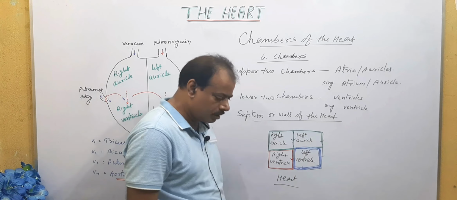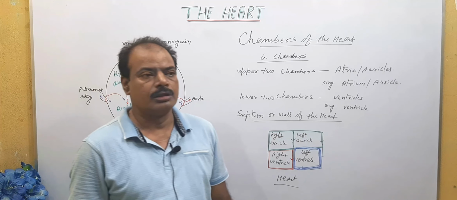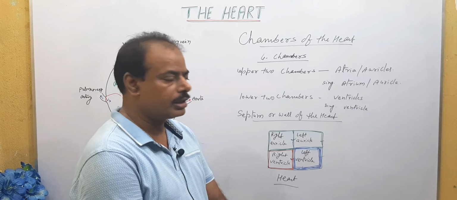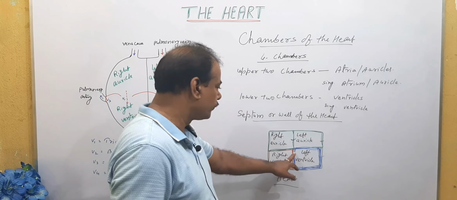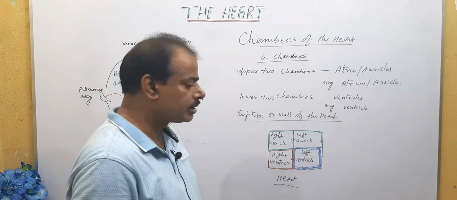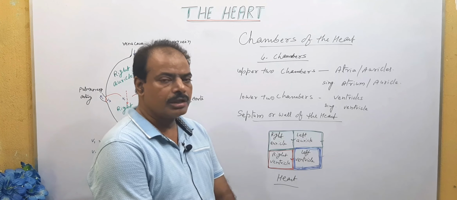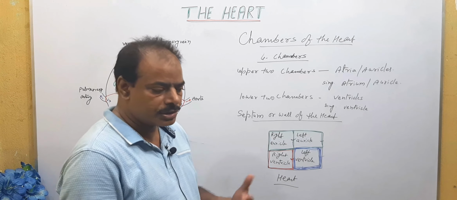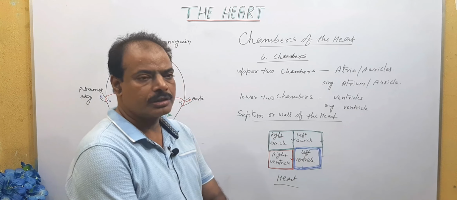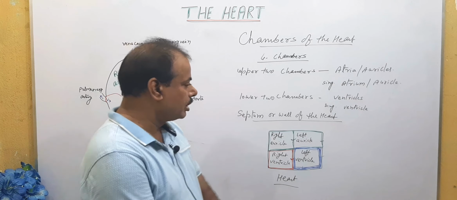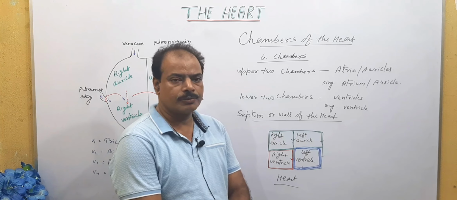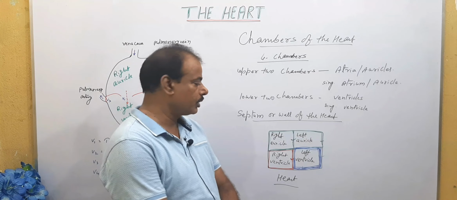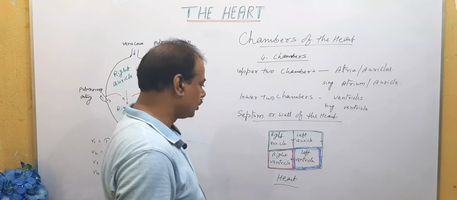The right ventricle pumps blood to the lungs for oxygenation, that's why it has a thick wall, whereas the left ventricle has the thickest wall because it pumps blood to different parts of the body against the gravitational pull, such as the head region, as well as remote parts of the body, such as the tips of the toes. That's why it has the thickest wall.